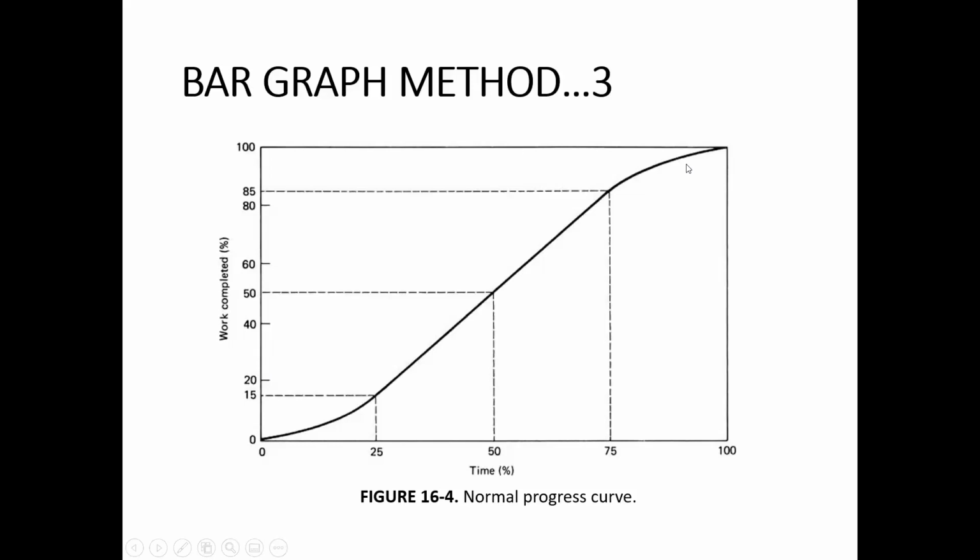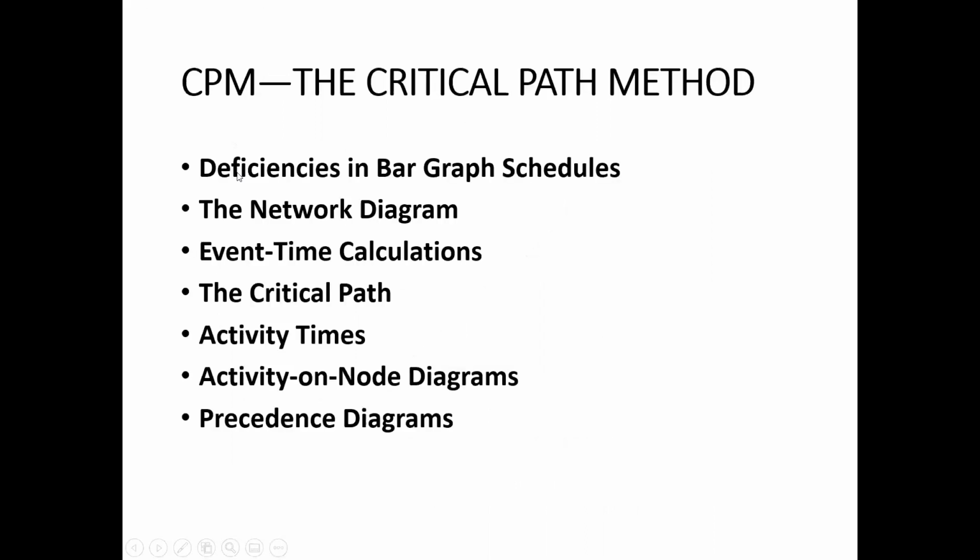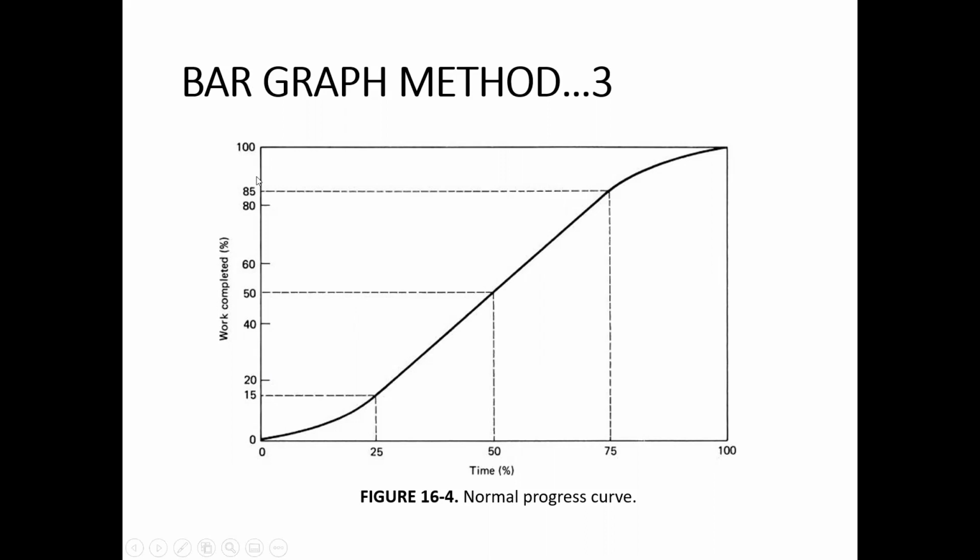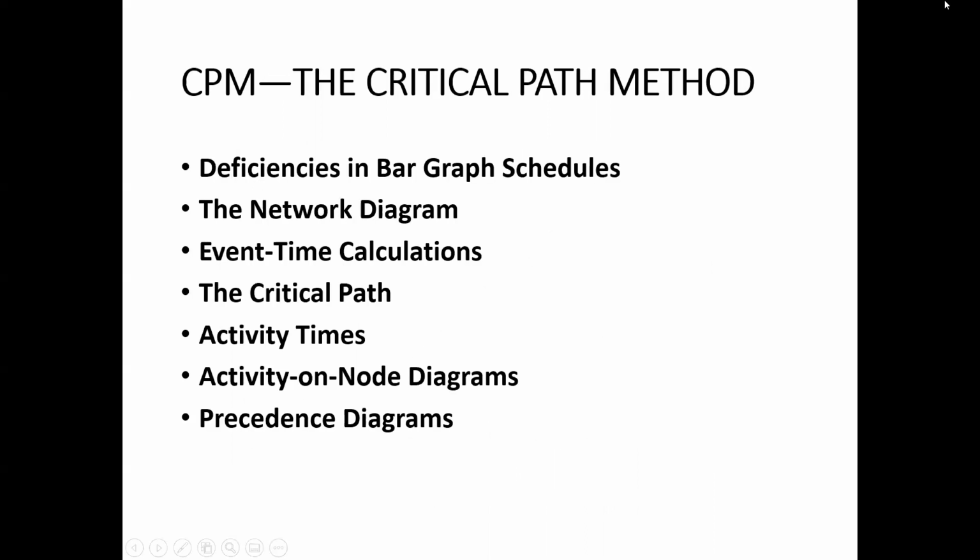So this S shape of the cumulative progress curve is a kind of fundamental shape for a construction project. So this was about the bar chart and its use. Do you have any questions about these bar charts?